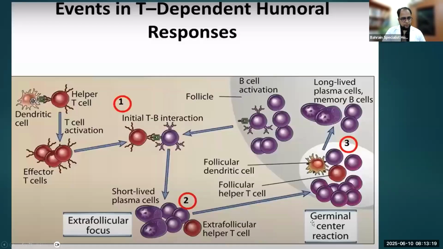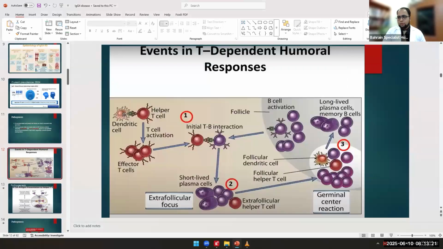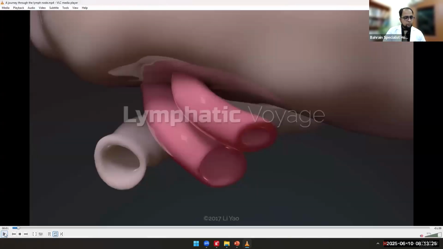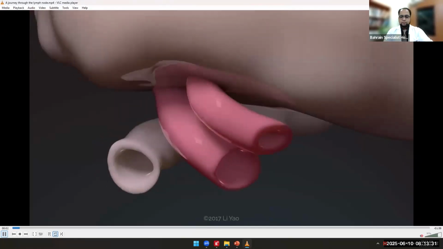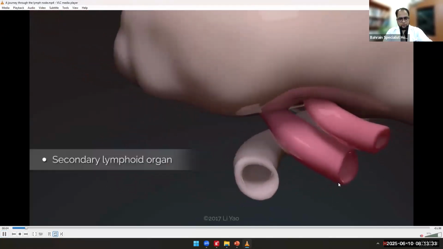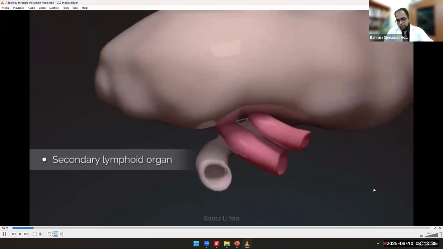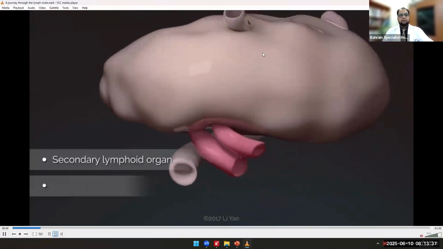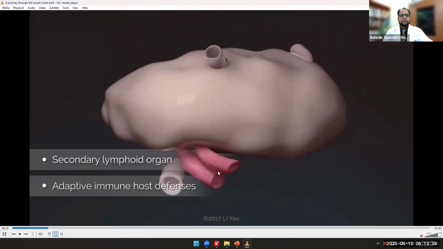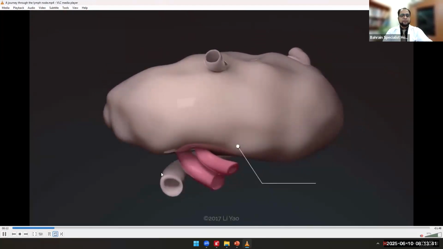Before heading to the pathogenesis, I would like to show you animated videos so that we can have a better understanding of the humoral response that is going on for the antigen presenting cells. So this is a video depicting a lymph node with the artery and the vein and the afferent lymphatics and the efferent lymphatics.